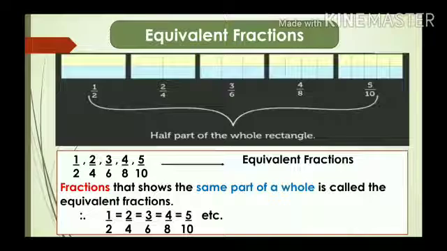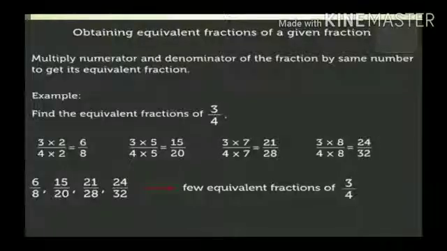Therefore, 1 upon 2 is equal to 2 upon 4 is equal to 3 upon 6 is equal to 4 upon 8 and is equal to 5 upon 10, etc. So, for obtaining an equivalent fraction of a given fraction, we have to multiply the numerator and denominator of the fraction by the same number to get the equivalent fraction.